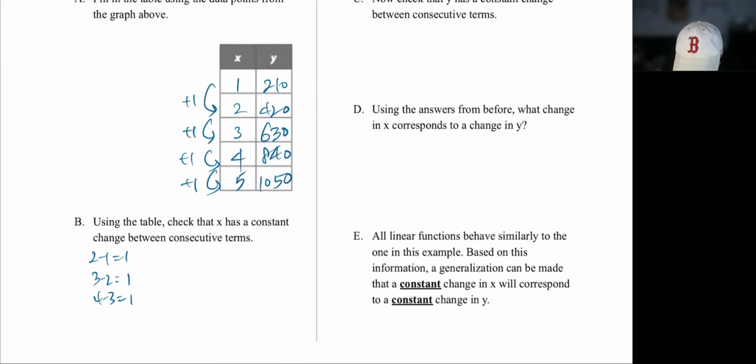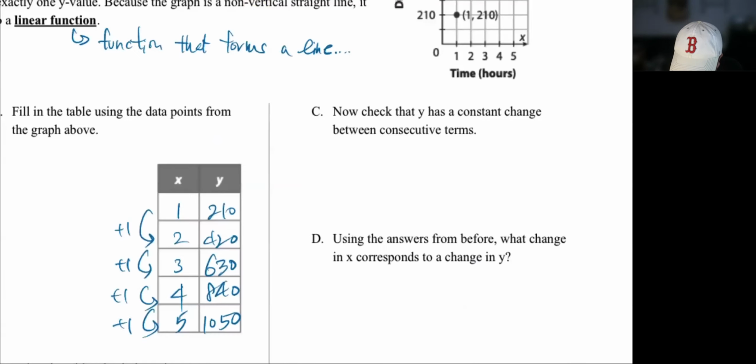We are basically taking the term, subtracting the previous term this way, right? And then 5 minus 4 is 1, and they're all constant. Okay? Good.